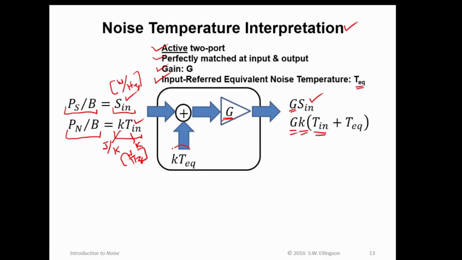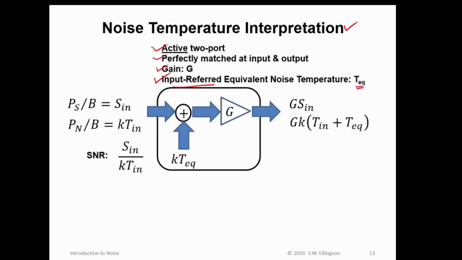But we also have internal noise, and we call this input referred internal noise, so it appears at the input of this ideal amplifier, and that is K times TEQ, again, units of watts per hertz. So in that case, this adds, and it adds TEQ times K times G. So I can factor out those common factors of G and K, and I get this expression. So this is the noise that appears at the output of this 2-port.